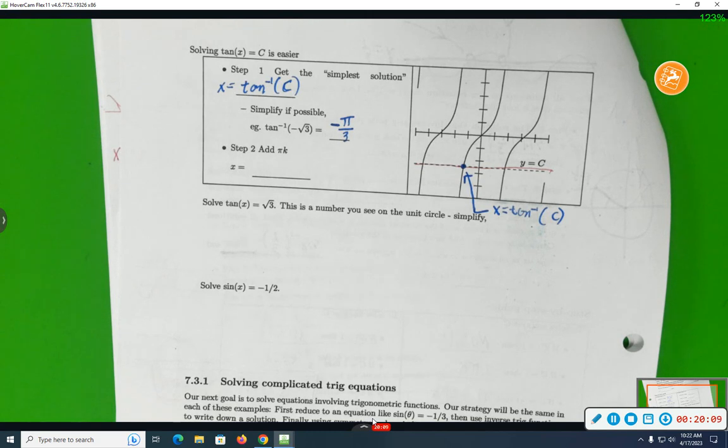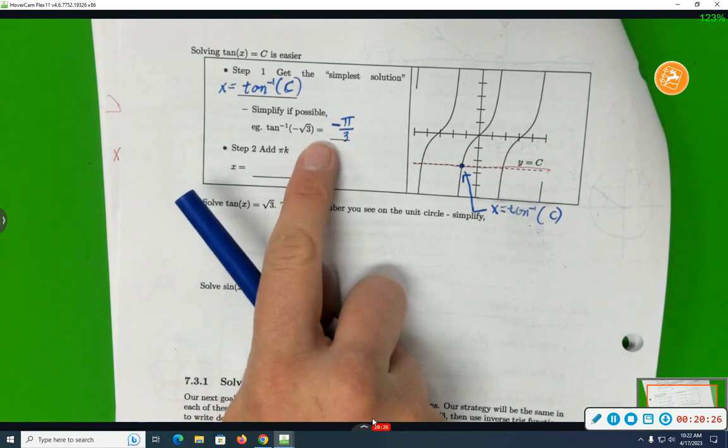Just negative pi over 3. And maybe I'll say this. I said that what you said was spiritually correct. If you use 2 pi over 3 to start solving tangent of x equals negative root 3, you would get the right answer. But it's not literally inverse tangent.